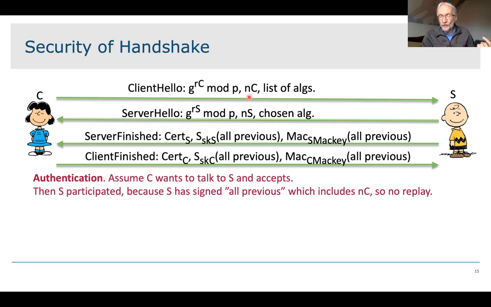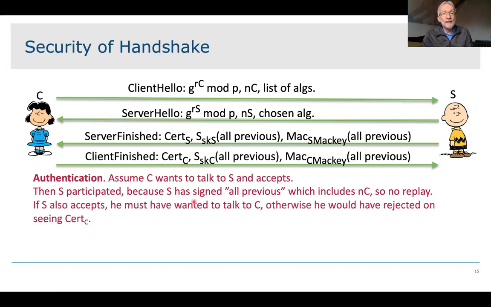The client uses this in such a way that you're guaranteed that it has never been used before. So you're guaranteed that the signature I get now from S is really for me, for this instance of the protocol. It could not have been an old signature that some adversary is trying to send to me once again. And also, if S on its side accepts, it must be because he wanted to talk to C. If that was not the case, he would have rejected once he sees the certificate of C, because remember, certificates contain identities and public keys.